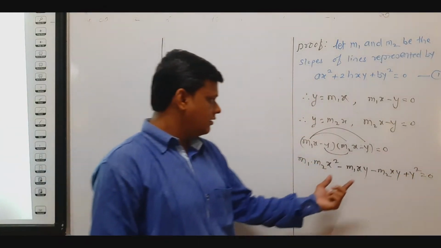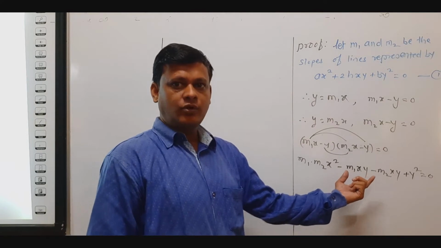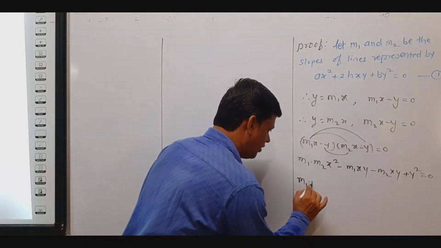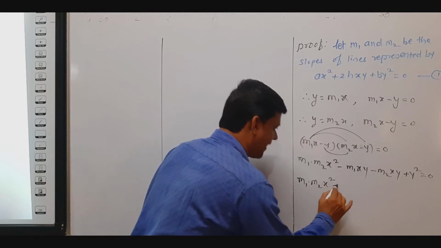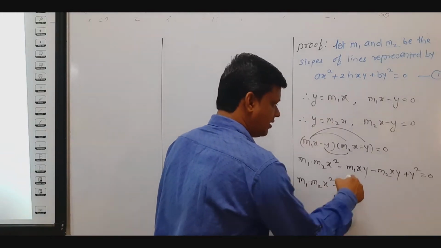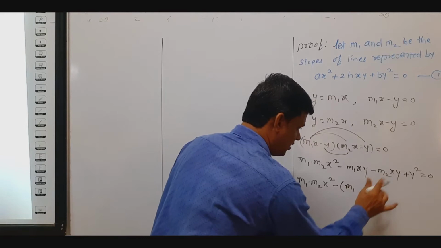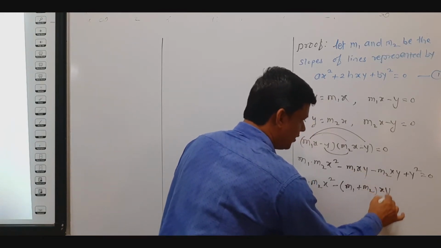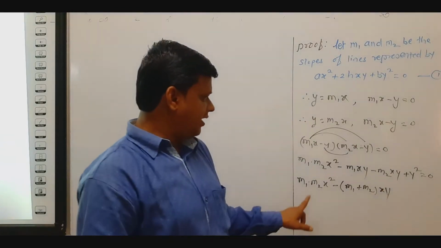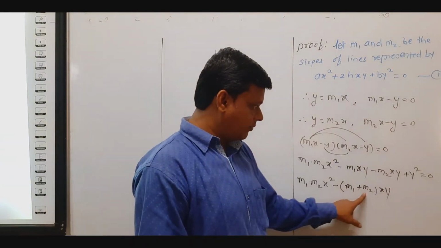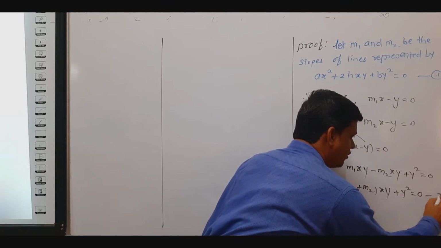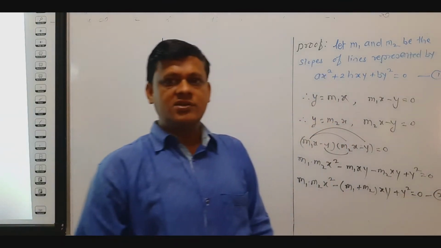Now we take minus xy common from the second and third terms. So we write m1 m2 x square minus (m1 plus m2) xy plus y square equals to 0. We denote this as equation number 2.